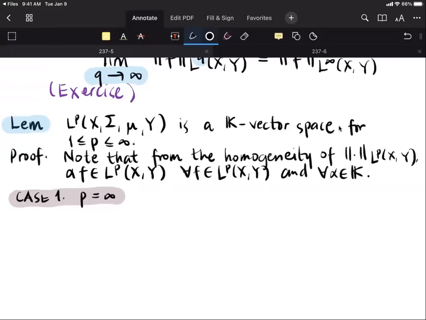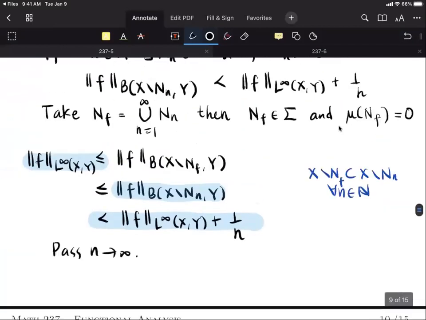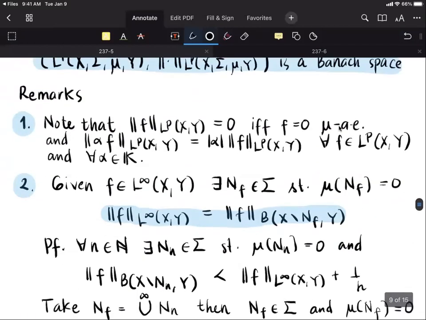So alpha times f is strongly measurable, and the value of this with respect to this function is finite according to homogeneity. Going back to that first remark, if f is in LP, this is finite, therefore this product is also finite. Hence, the value of this with respect to the function double bar sub LP is finite.